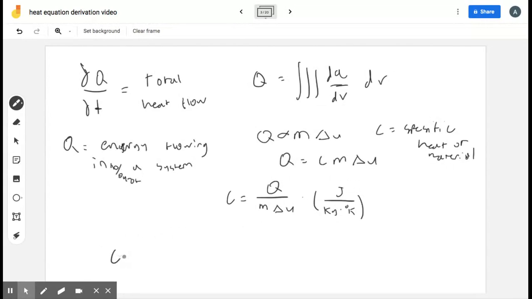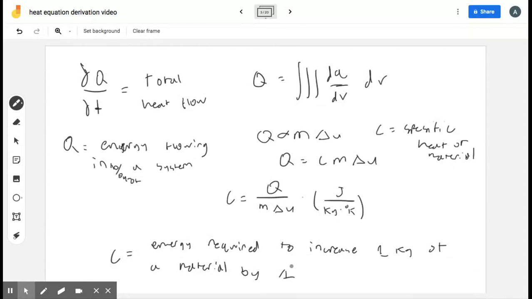So specific heat is defined to be the energy required to increase 1 kilogram of a material by 1 degree Celsius, or if you're dealing in kelvins.